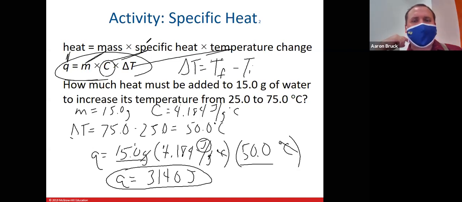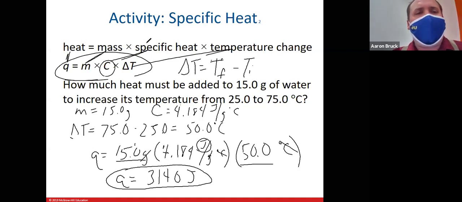Now, one thing to pay attention to is if you did your change in temperature incorrectly, let's say that you flipped the 25 and the 75, and you got a negative 50 value there, you'd still have gotten the same value. You'd have still got 3,140 joules. It would have just come out as negative 3,140 joules because of the negative change in temperature.